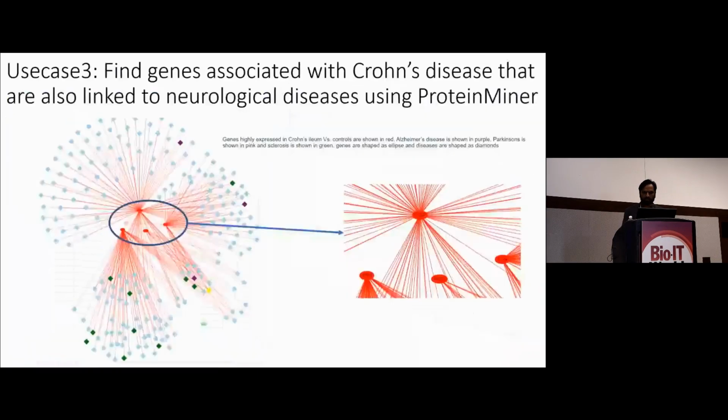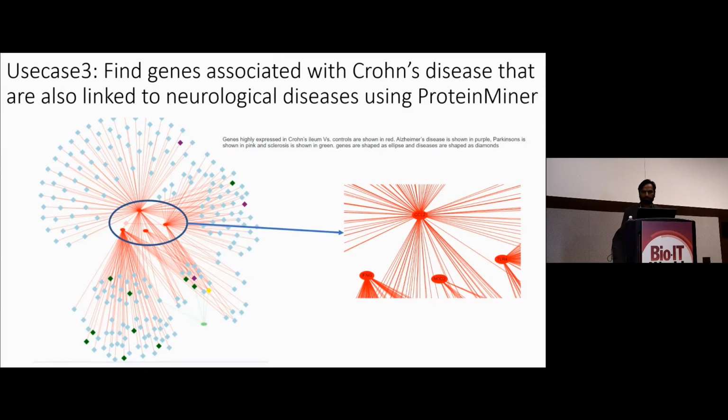So, and again, we try to do this using Protein Miner. As you can see, I can take all the genes that are highly expressed, and then those associated with Crohn's disease of the ileum, and then it pretty much boils down to a few genes there. And out of those, I can focus on the neurological diseases that I'm interested in.